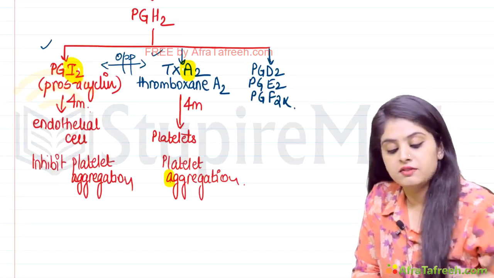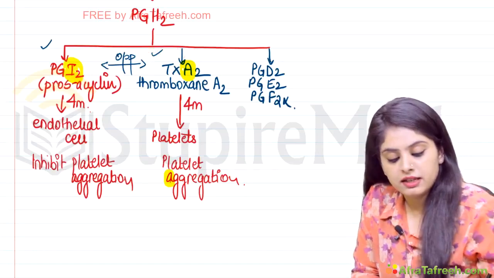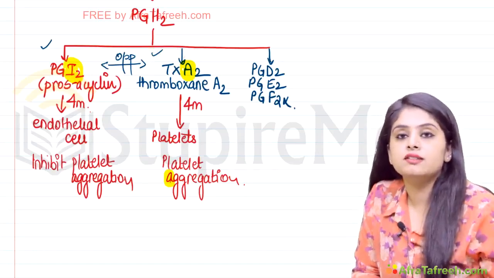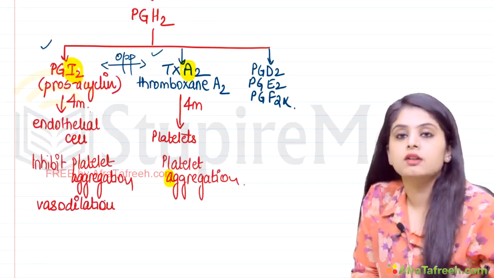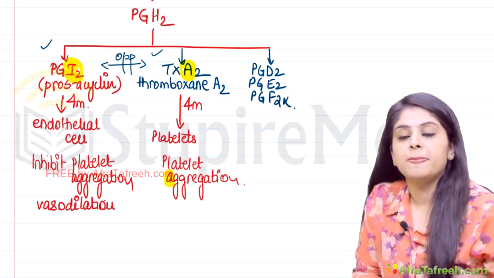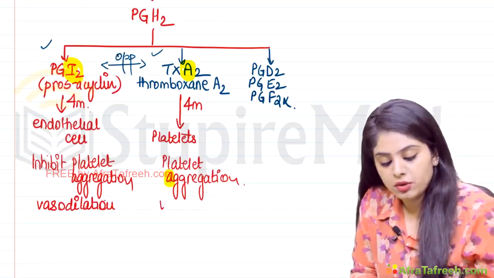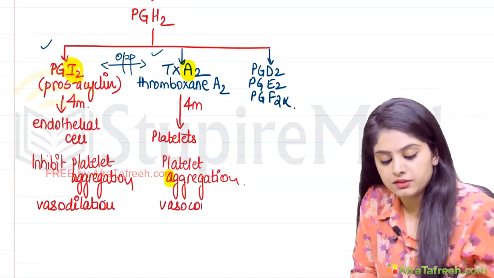After that, the next difference is that prostacyclin is released from the endothelial cells and it is going to result in vasodilation. So what will thromboxane A2 be? The complete opposite. Thromboxane A2 will result in vasoconstriction.